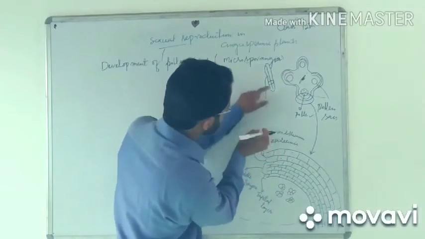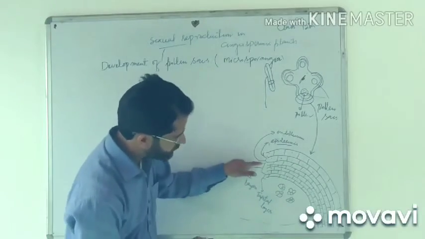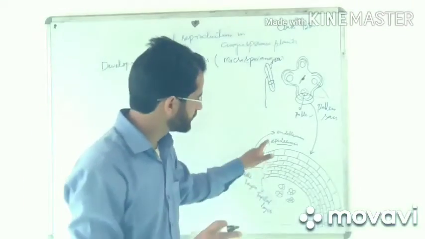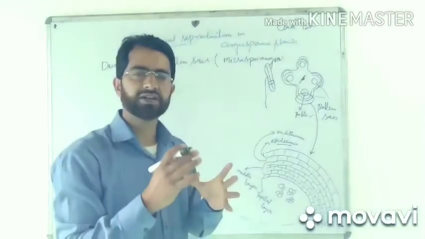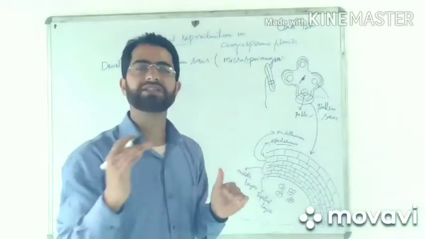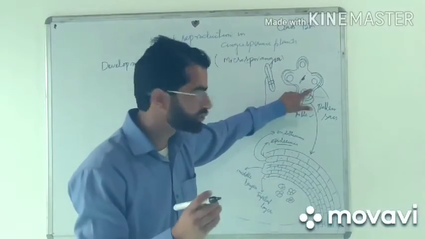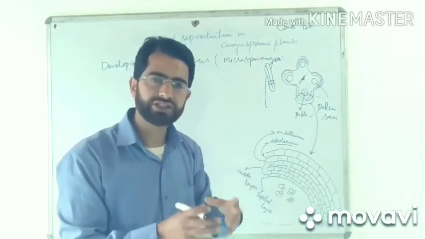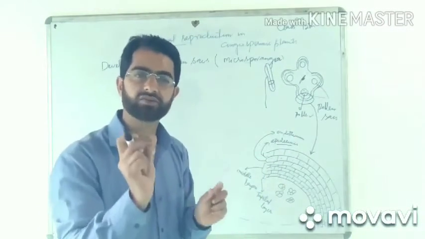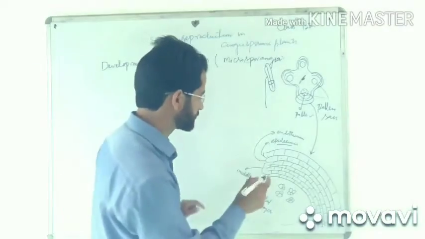The outer single layer is known as epidermis. Inner to the epidermis, there is a layer of cells which is known as endothecium. These are cells which have fibrous thickenings. They are thick, but at the position of dehiscence, through which pollen grains come out, these endothecial cells are not thickened. They are thin-walled cells. That position is known as stomium, right?